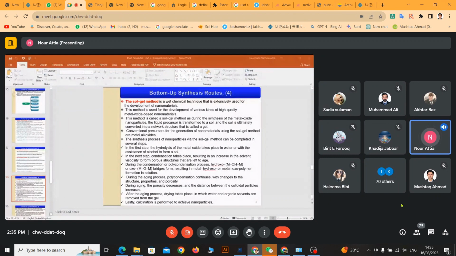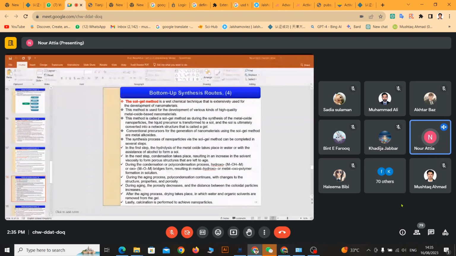The sol-gel method is very simple, with chemical techniques. People everywhere use this to prepare different metal oxide nanoparticles like titanium dioxide, zinc oxide, and so on. And finally, after that, you make calcination to remove the carbon material and get inorganic material. You can do it in your lab.